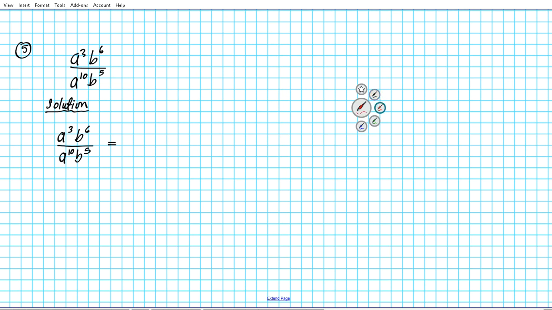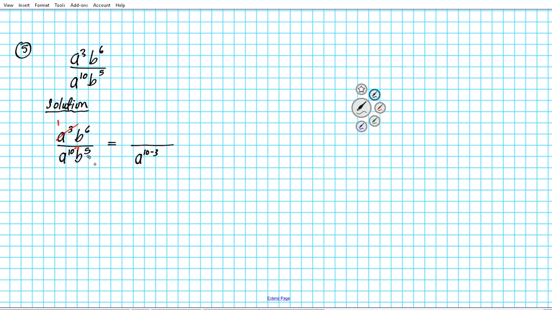So what's going to happen is that a to the 3rd in the numerator will get taken out completely, divided to 1, and then you subtract that power from the denominator. Let me write it on the side so you can see exactly what's going on. So it's going to be a to the 10 minus 3, using the quotient property of exponents.